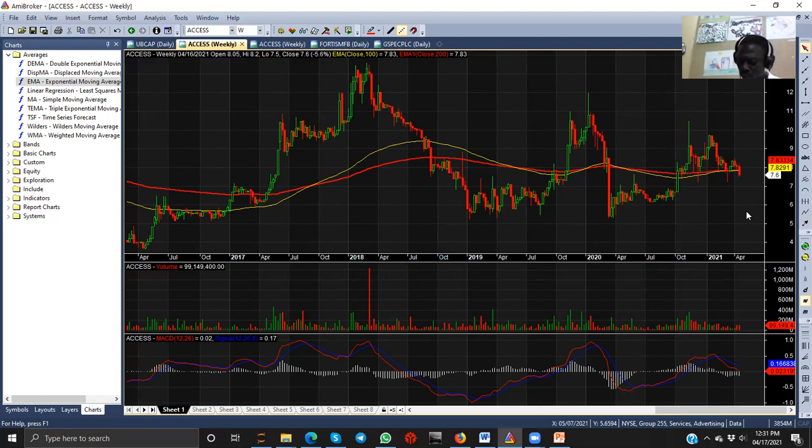That's the crossover, when you're using moving averages for crossover. Now, you can also use it as a way of determining your support and resistance.